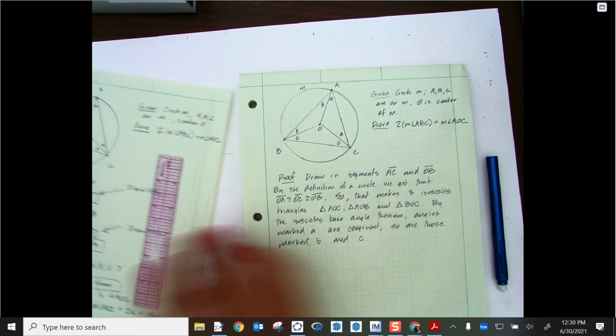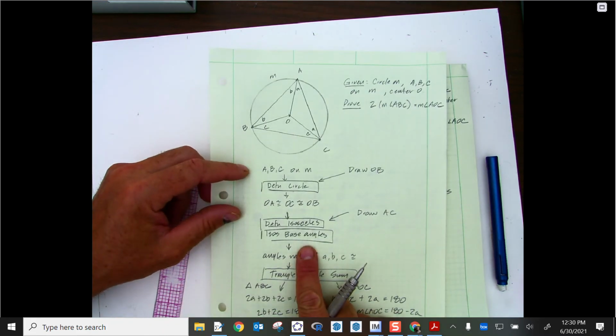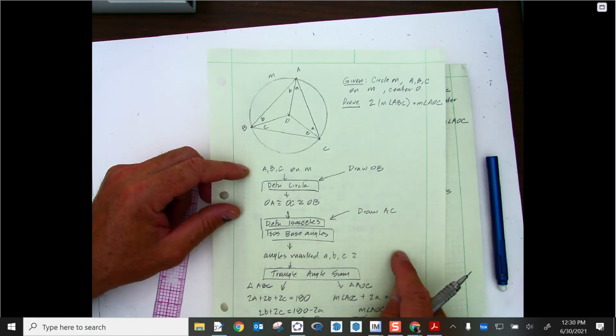Now I guess we've gotten sort of to this spot in our template.